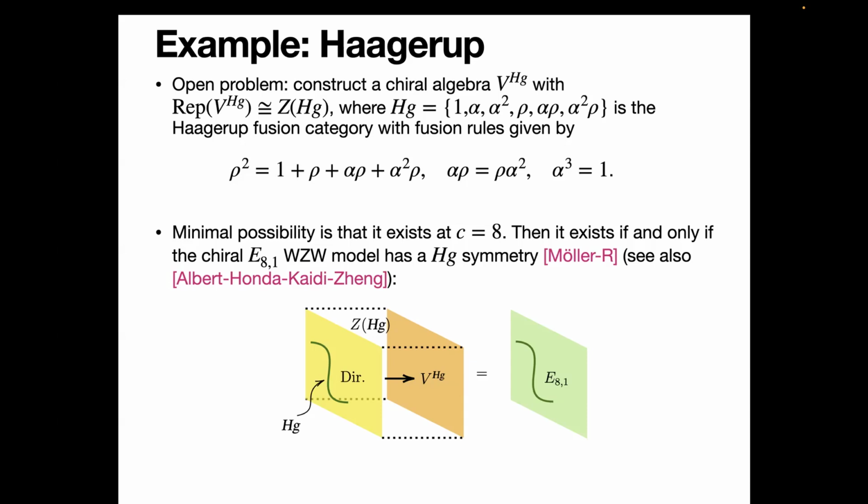So you would want to find the way, and after the parameterization is sort of the section of the center. I haven't said anything about equivariantization yet. But in a sense, it should basically be equivariantization. Yeah, that's right. I guess what I'm saying is that the Haagerup VOA would be a Haagerup equivariantization of E8 level 1.